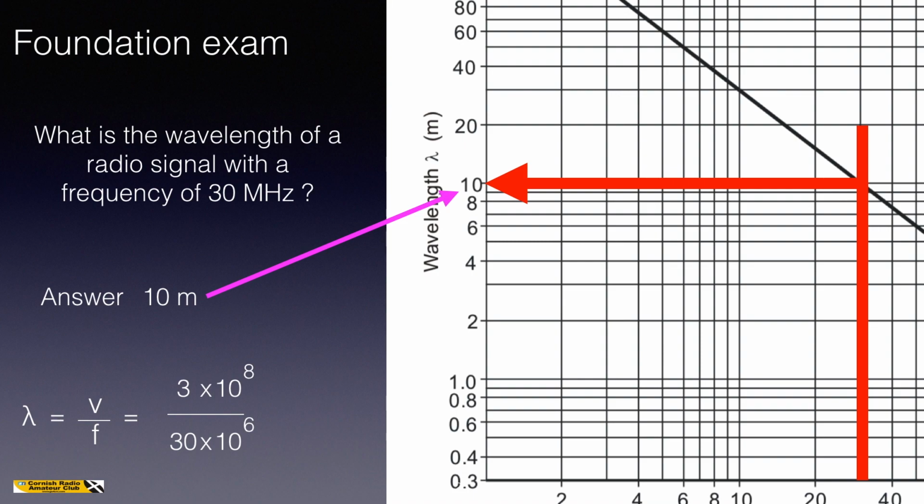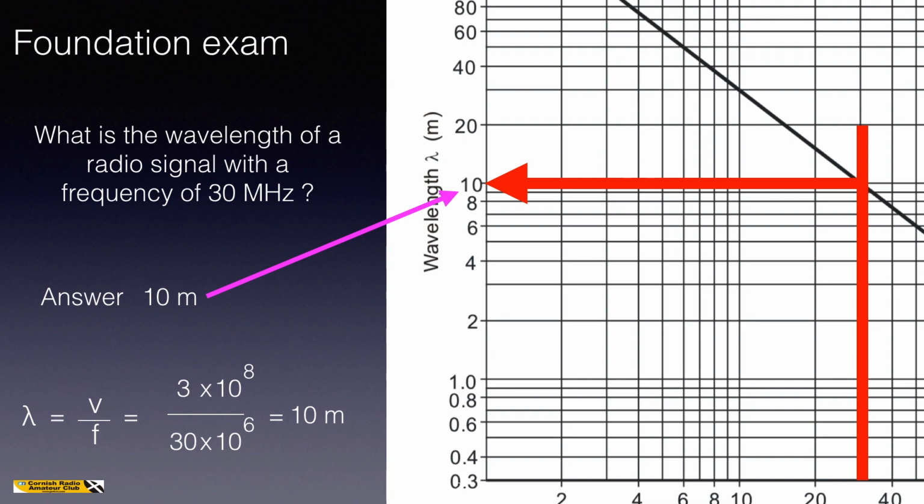Now, don't worry if you don't understand this scientific notation. This all becomes clearer in the intermediate and in the advanced courses. But if you do evaluate that, you come up with 10 meters, the same answer, as you might expect.